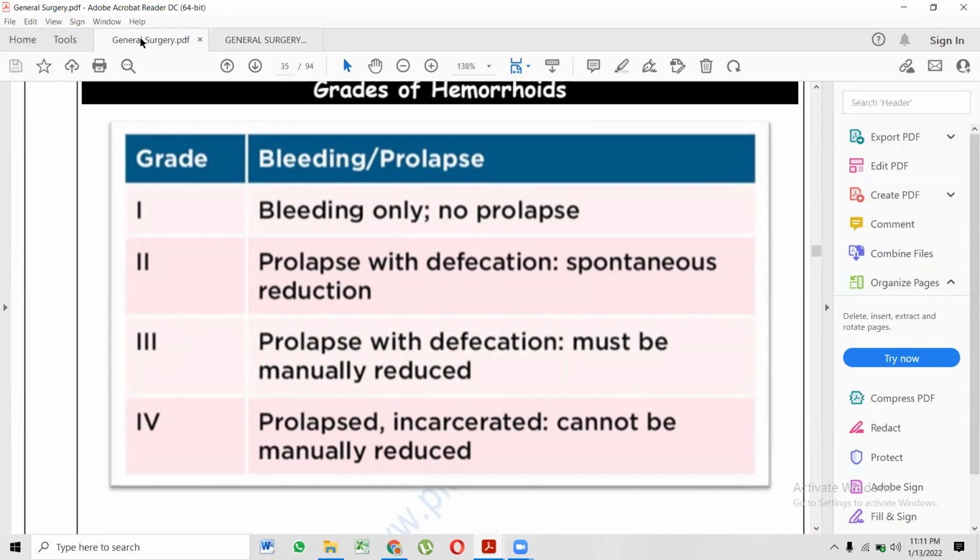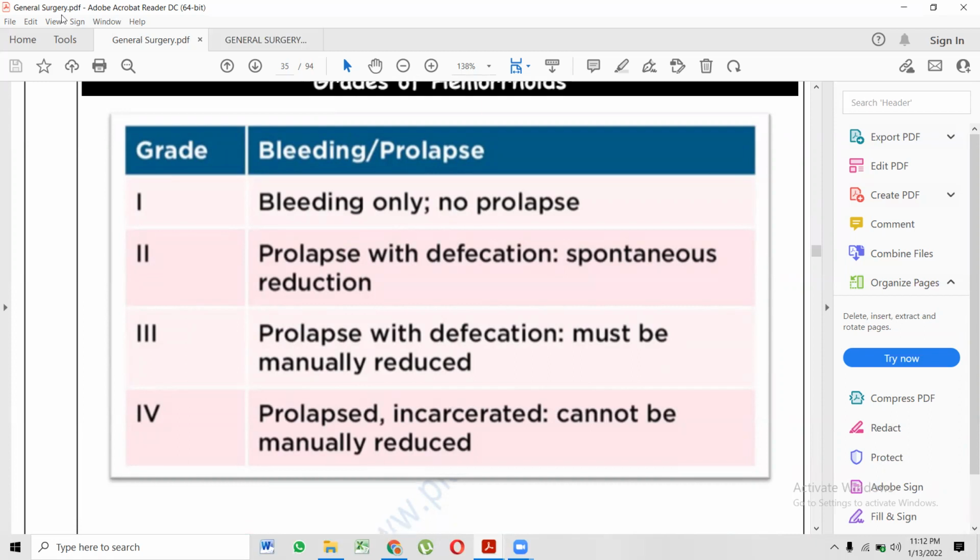And if there's prolapse with defecation, they come out when the patient defecates, and they are reduced on their own, then it is grade 2. Prolapse plus spontaneous reduction, grade 2. Prolapse plus manual reduction, grade 3. Prolapse plus cannot be reduced, grade 4.